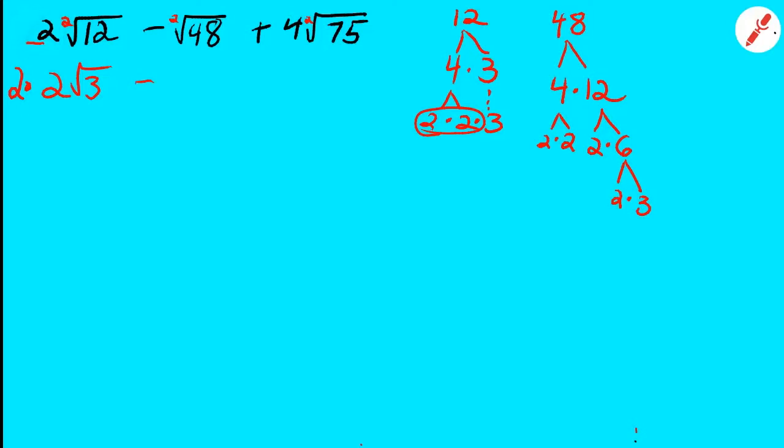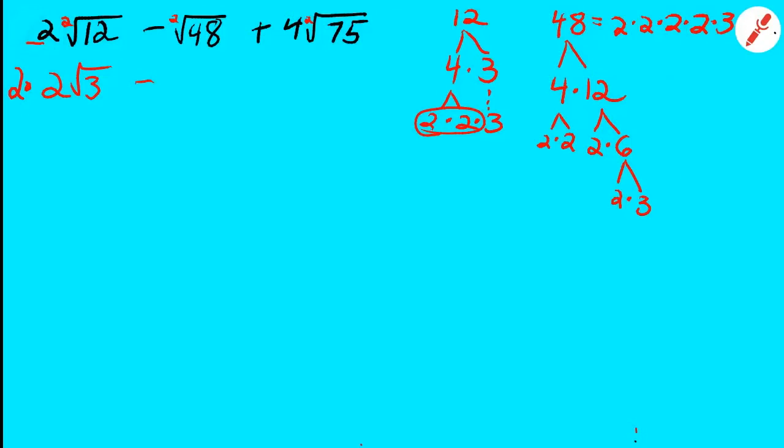So now 48 equals 2 times 2 times 2 times 2 times 3. I'm looking for 2 of the same number. Instead, I have 4 of the same number.